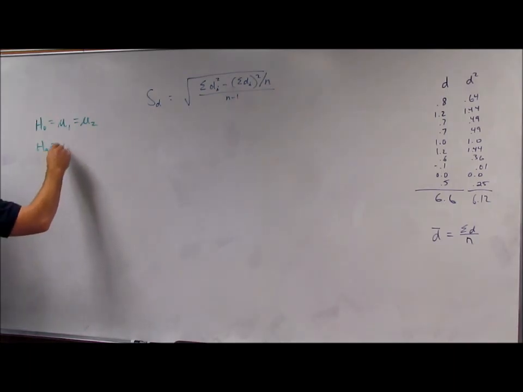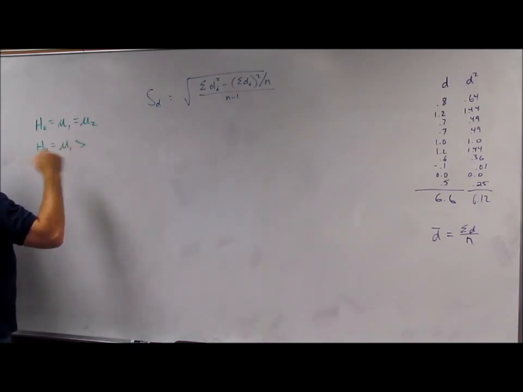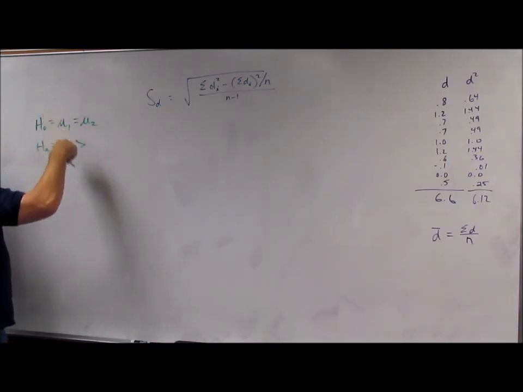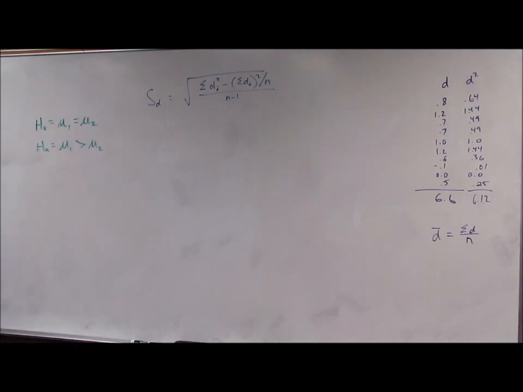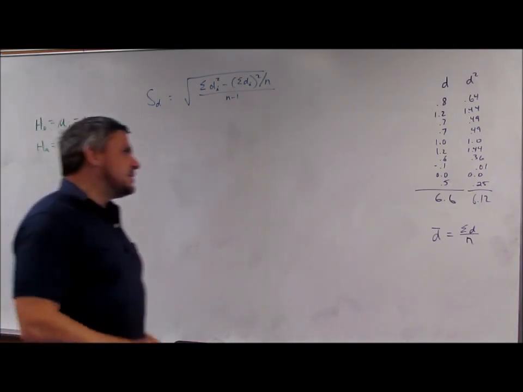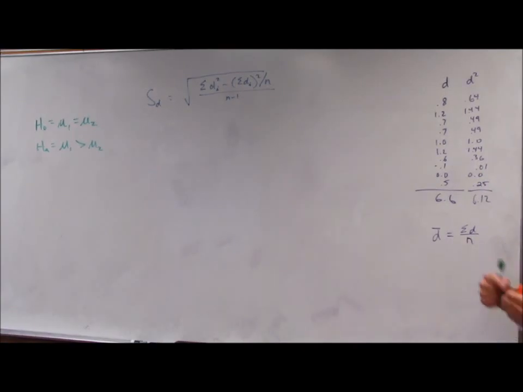So mu 1 should be greater than, because this is the additive, greater than mu 2. So this should be a higher gas mileage.